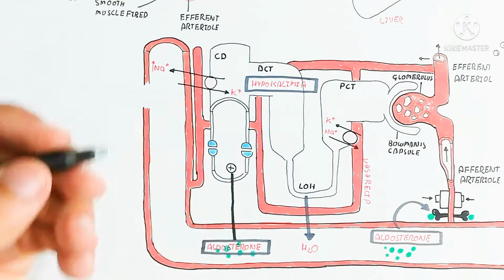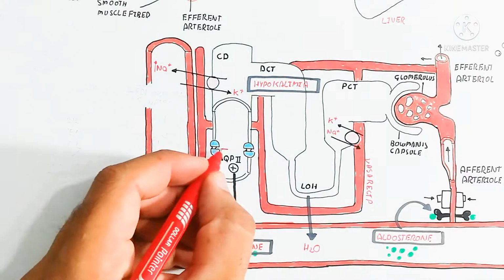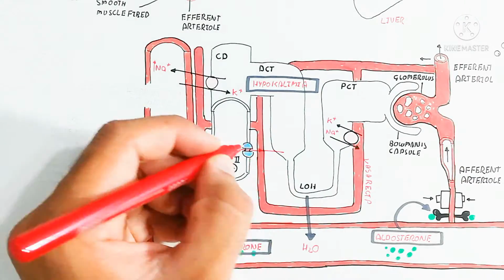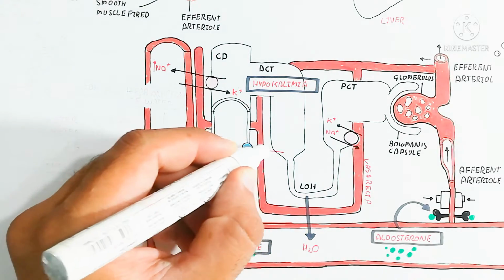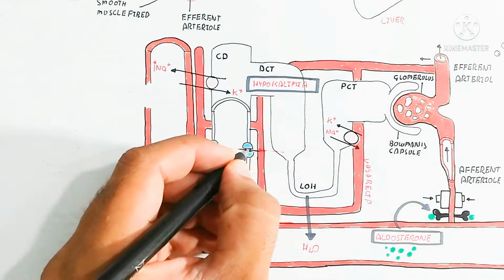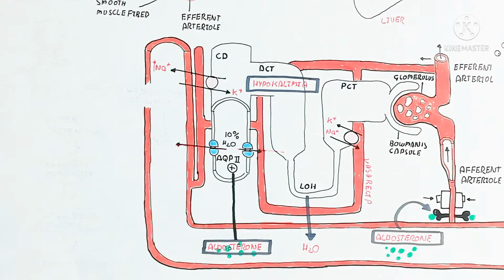Basically, aquaporin channel 2 will be created in the collecting duct, which is used for the water reabsorption. So the porin is the protein which contains a pore, which allows the water to move and be reabsorbed into the blood vessel, which is 10%. So the 10% is reabsorbed from here.